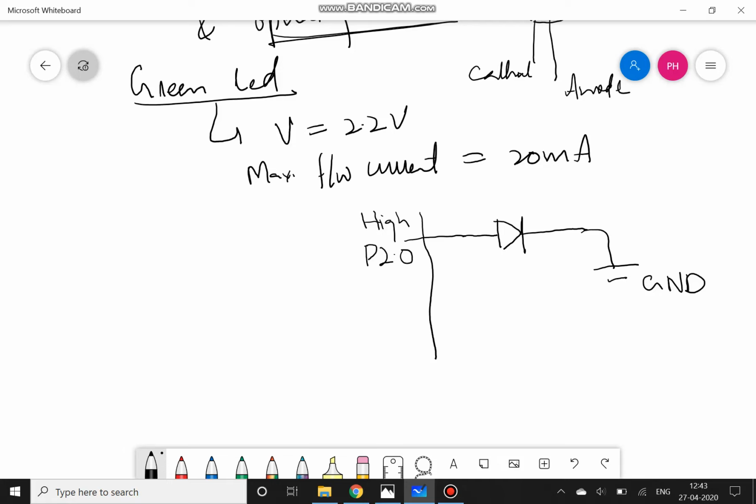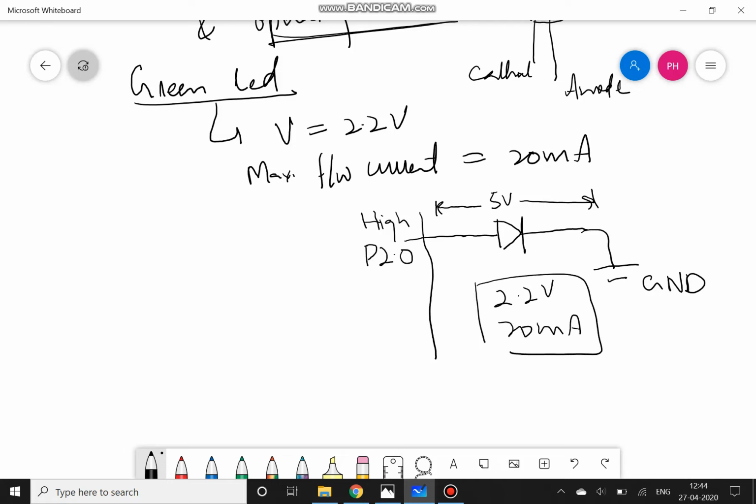Actually, 5 volts will come across this LED. But this LED only needs 2.2 volts and only 20 milliamperes of current.